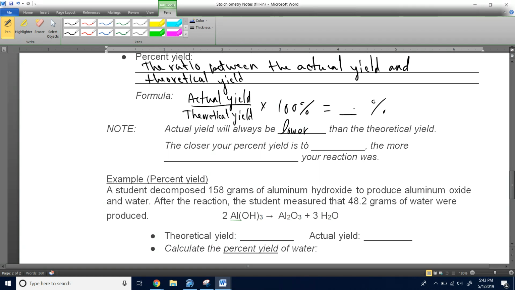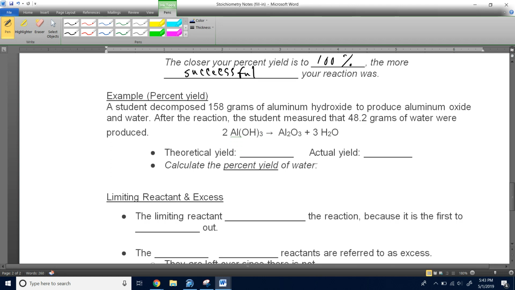The closer your percent is to 100%, the more successful your reaction was. So the closer your yield is to 100%, it's considered that your reaction was more successful. All right, so let's do a practice problem regarding percent yield.